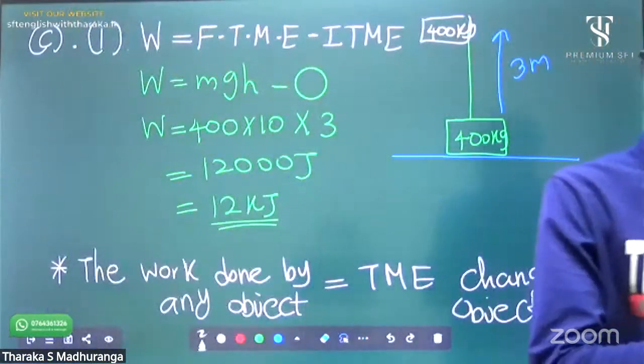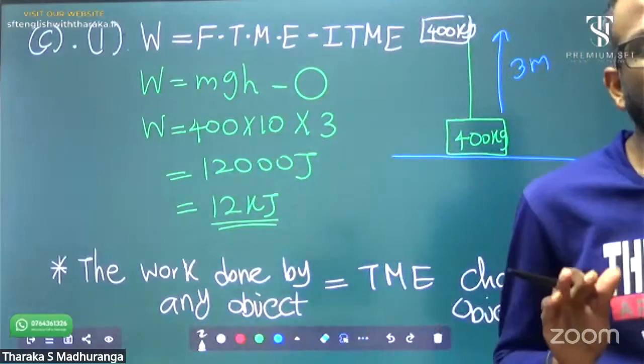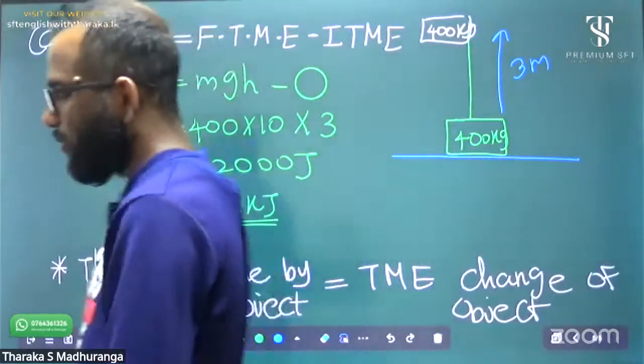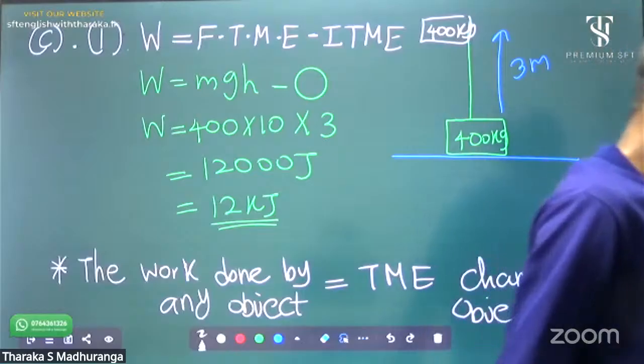That means final total mechanical energy minus initial total mechanical energy equals the work done by any object.